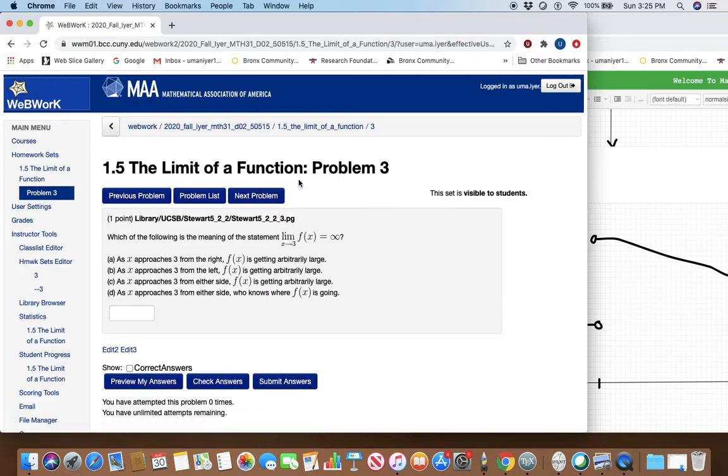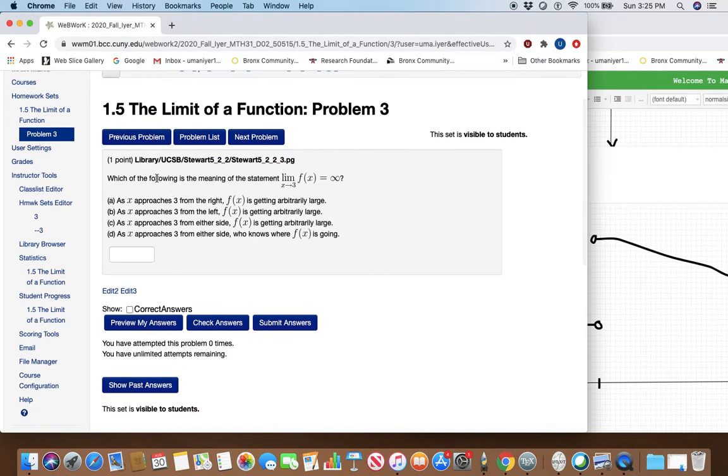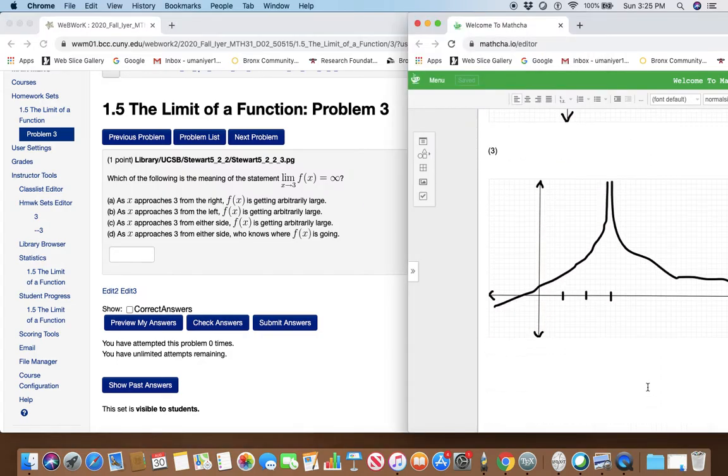Next problem. Which of the following is the meaning of the sentence: the limit as x approaches 3 of f(x) is infinity? So here is 3. From the left, you want to go to infinity. From the right, you want to go to infinity at 3.